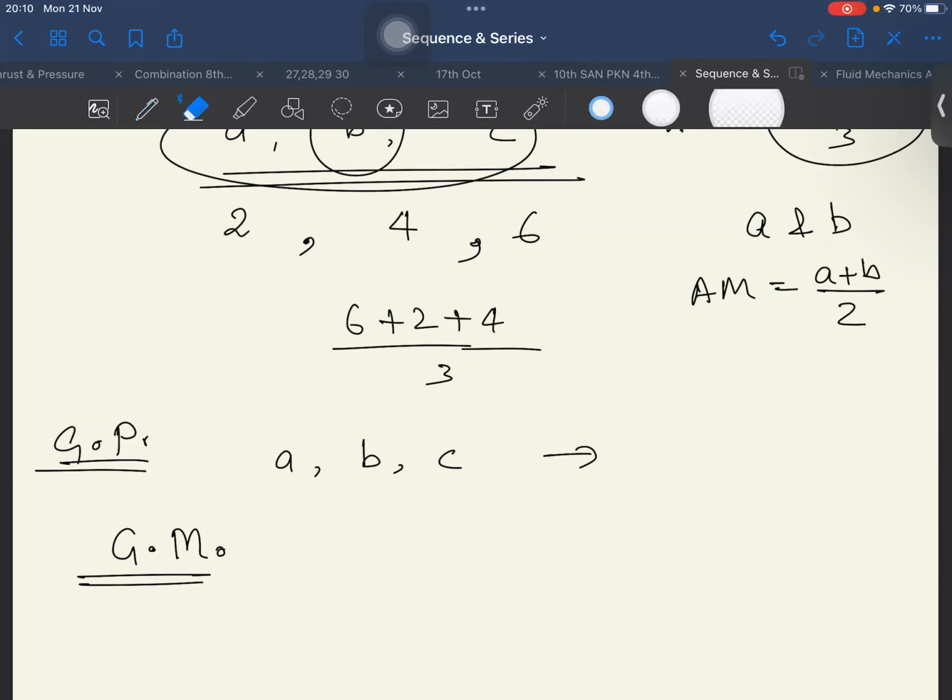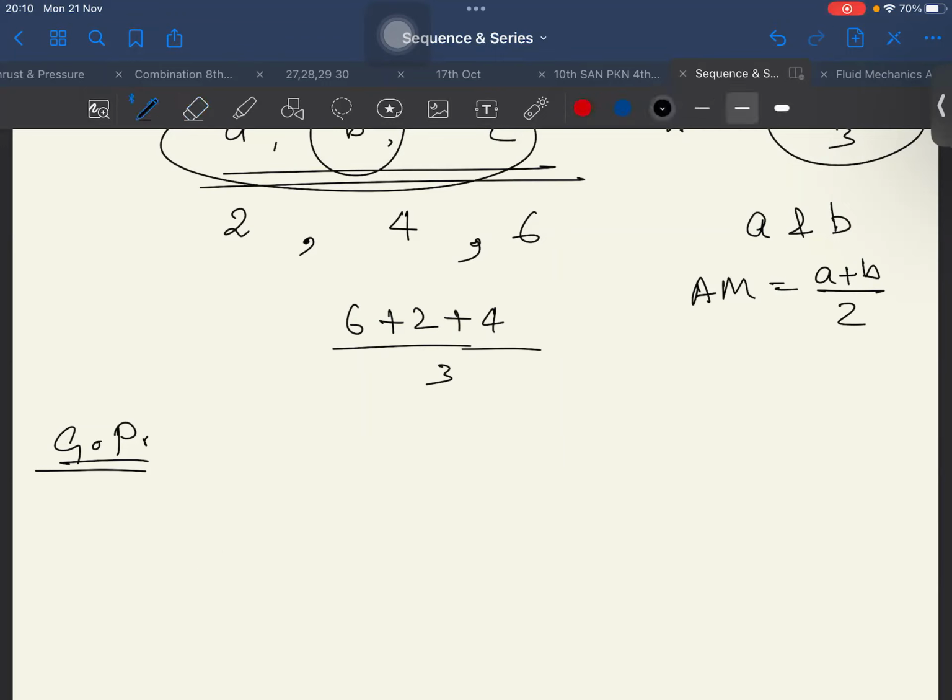Okay, let's leave this part. See, let's say there are two numbers, A and B. How do we write the geometric mean of these two numbers? Let G be the geometric mean.